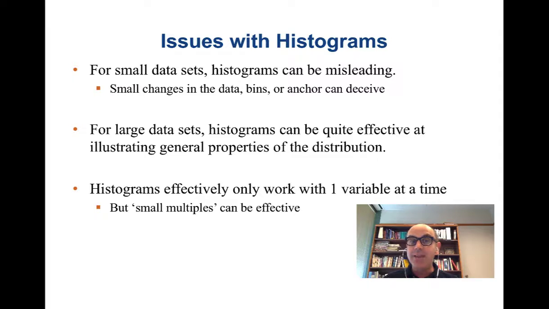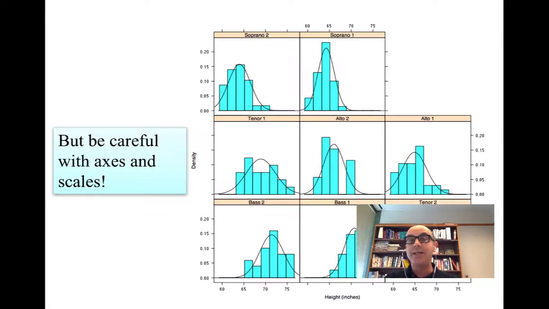For a large data set, a histogram can be quite efficient if everything is being displayed. But what will happen if your large data set has a lot of zeros? How can it be displayed? You need to consider that.